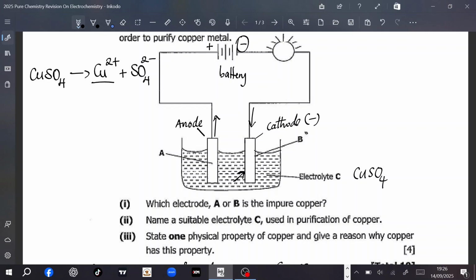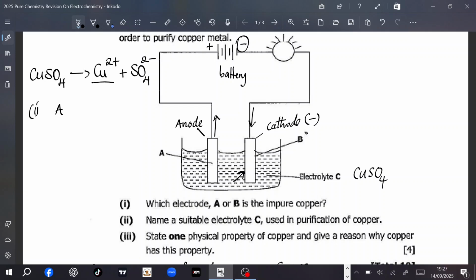So it means that during the purification of copper, the impure copper must be placed at the anode. So in answering Roman numeral 1, when they ask which electrode, A or B, is the impure copper, we can say A. Okay, so they place it there.